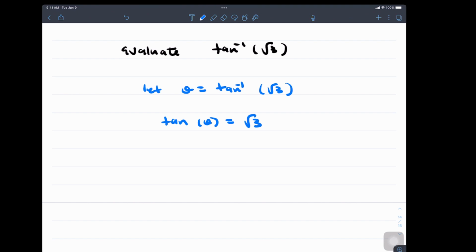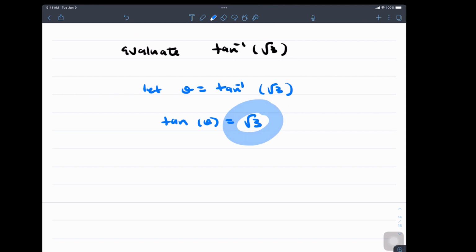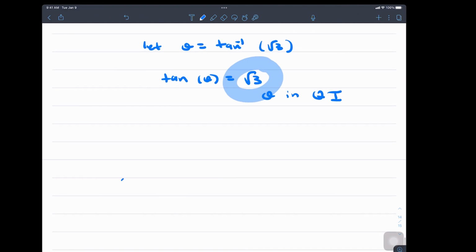And what do you know? Since tangent again is what? Positive. What is theta? Theta is in quadrant what? Quadrant 1. That's your reference quadrant. So you don't have to create the reference angle. Okay. What's the definition here? So you say, is that square root of 3 over 1? It is. So what's the definition of tangent?